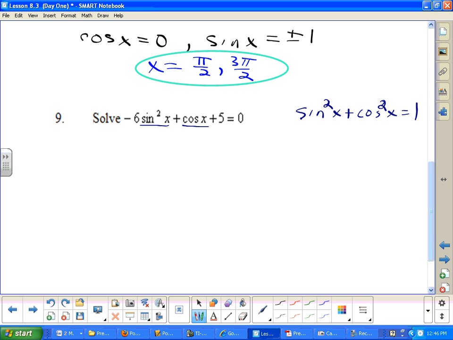So that means I can replace sine squared with 1 minus cosine squared. And then I need to simplify.